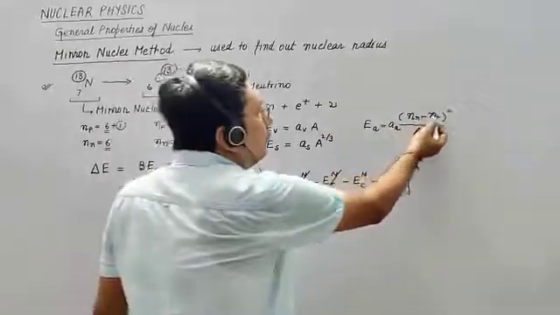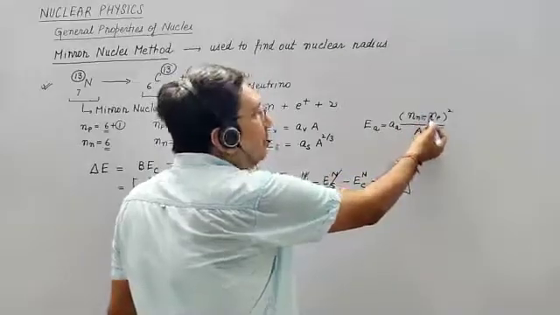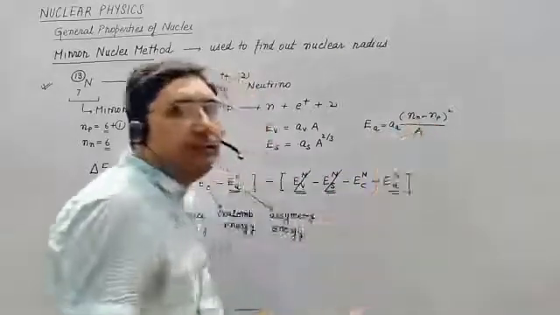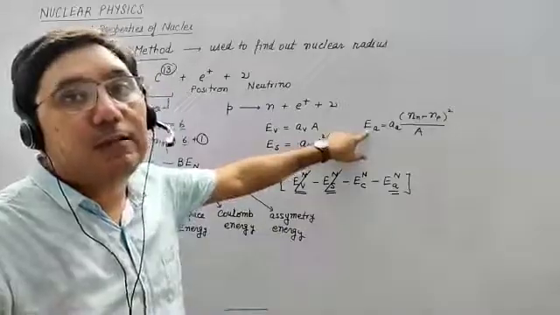So we will substitute either plus 1 or minus 1, and you will find the same value of EA.